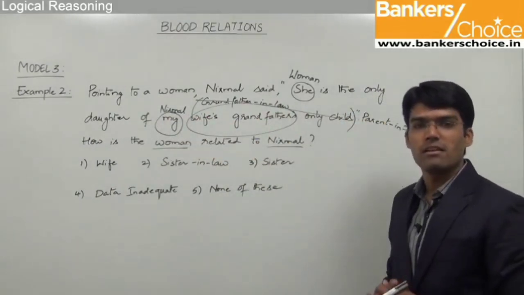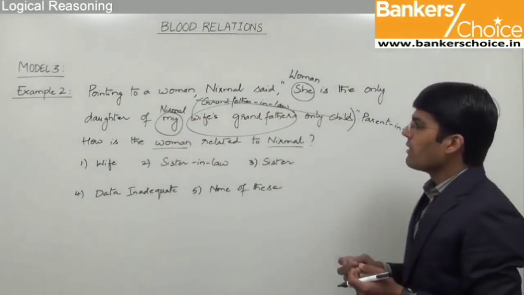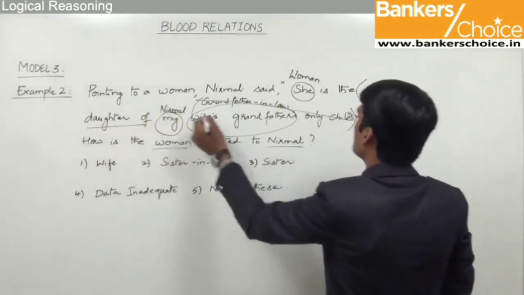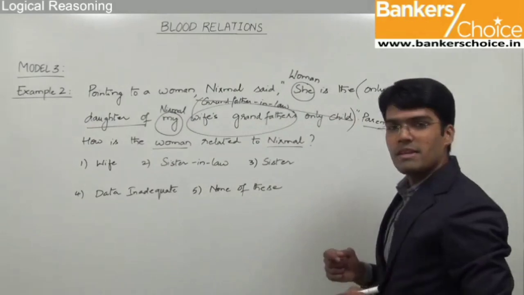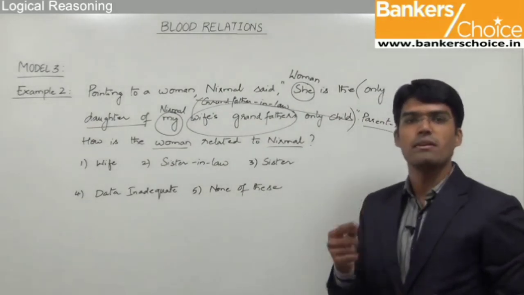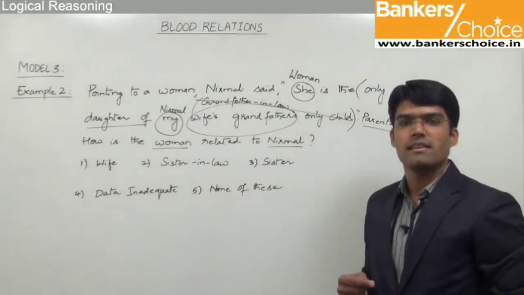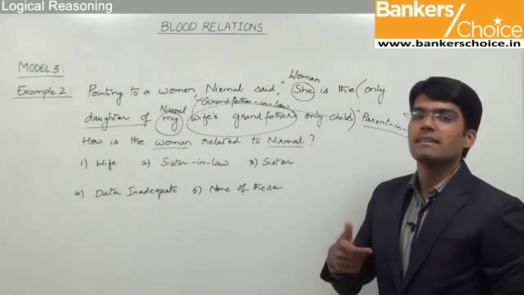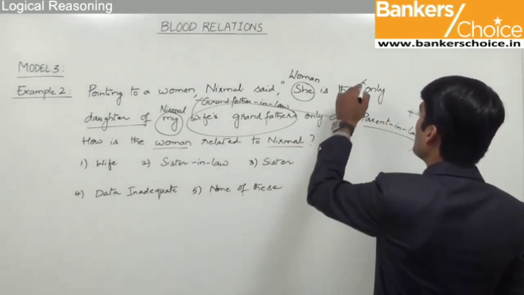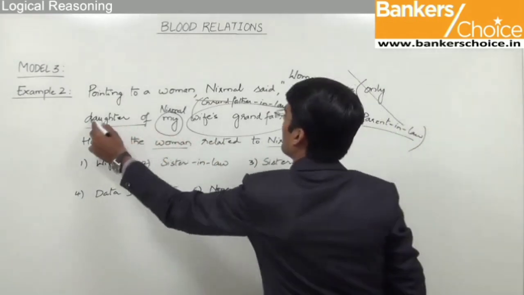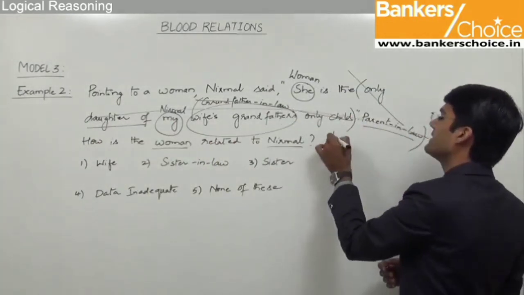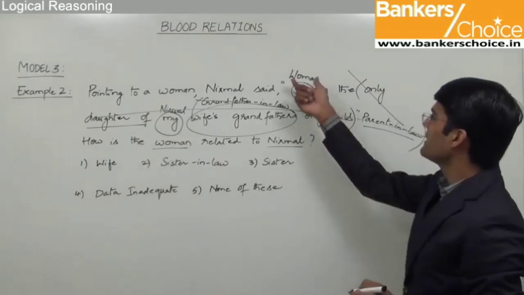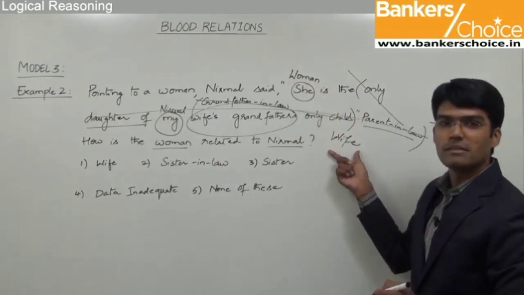Parent-in-law can either be father-in-law or mother-in-law. Now, only daughter of Nirmal's parent-in-law. That means Nirmal's father-in-law has got only one daughter. Now once his father-in-law has got only one daughter, it is very clear that that daughter has to be Nirmal's wife. So we can now replace this complete statement with one simple word, that is Nirmal's wife. So we can say that the woman is the wife of Nirmal.